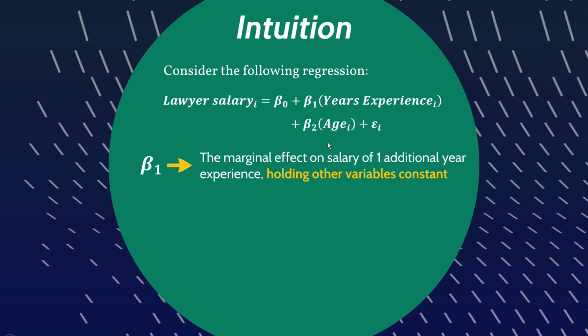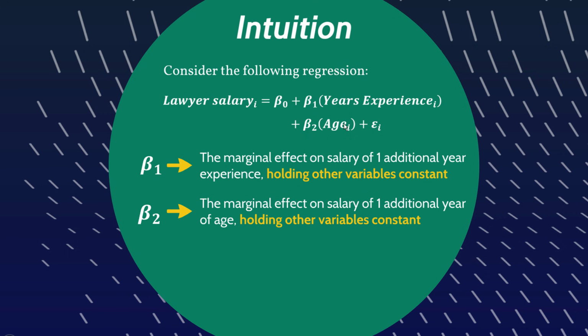Now, another way of looking at this is to think about how we interpret these coefficients. So remember in my previous videos, to interpret the coefficient of, say, years experience, that's beta 1, you'd say that's the marginal effect on salary of one additional year's experience holding other variables constant. And similarly for beta 2, that would be the marginal effect on salary of an additional year of age holding other variables constant.